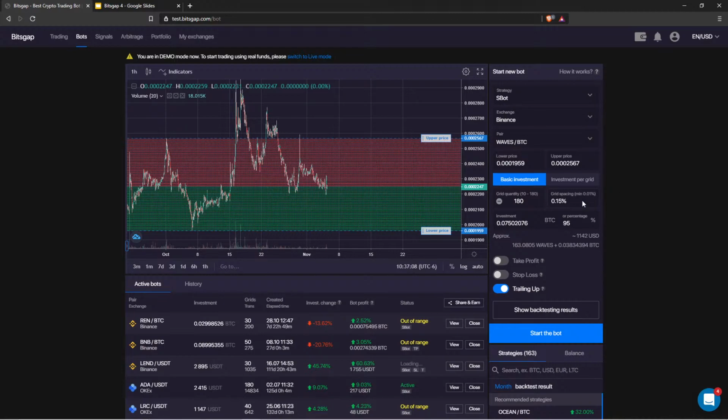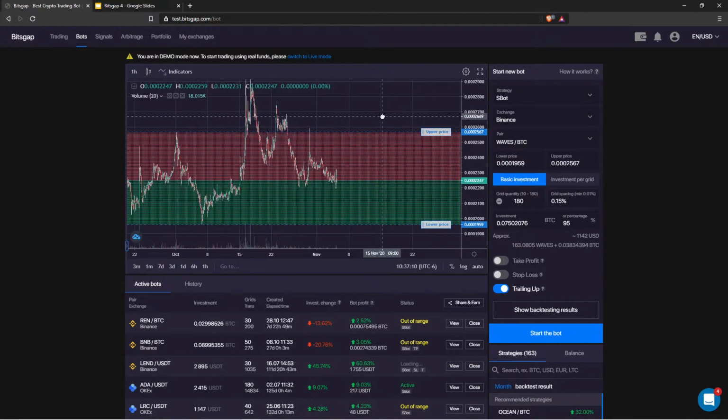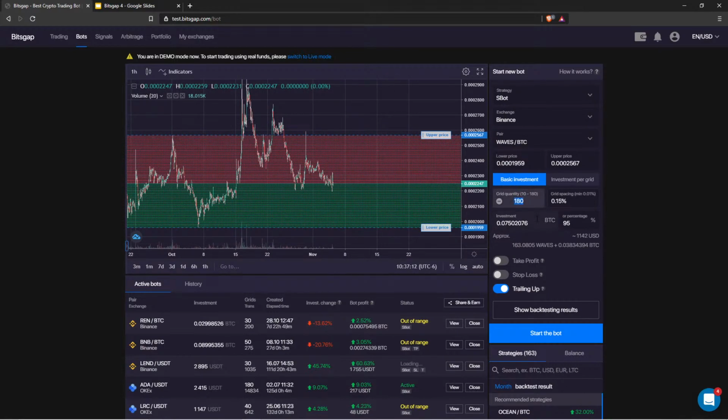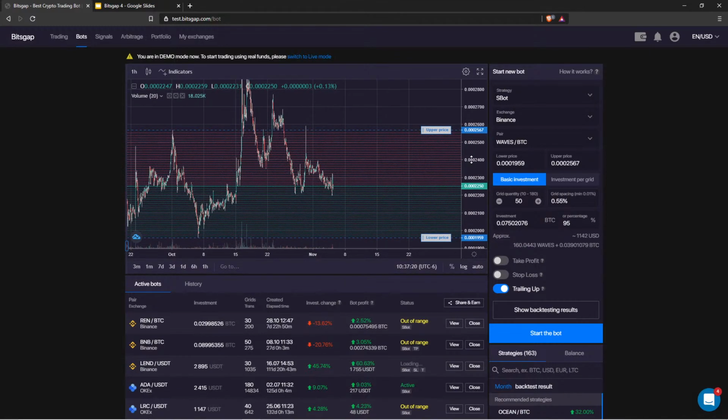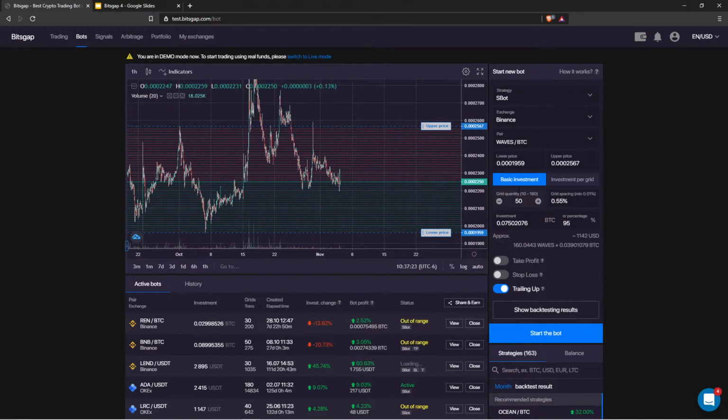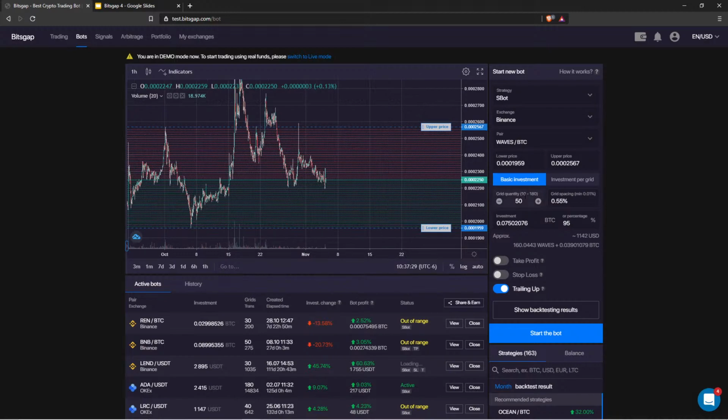So for each limit order, the fewer you have, like let's say 50, the less investment is required in this case, because you have lowered the amount of grid levels, like your limit orders in total.